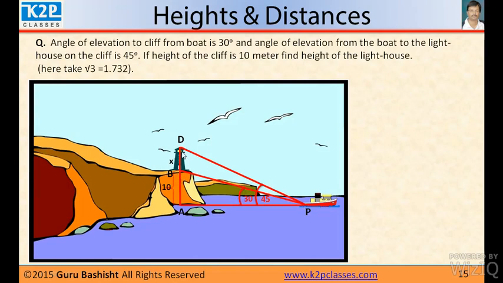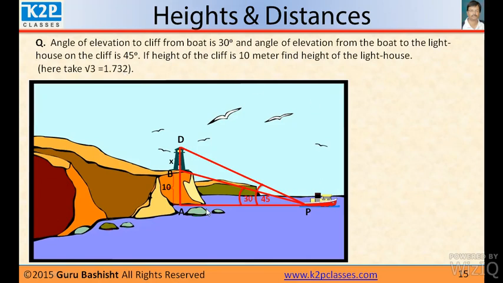Now angle of elevation up to top of the lighthouse is 45 degree. If the height of the cliff is 10 meter, find the height of the lighthouse. We can take root 3 equal to 1.732.